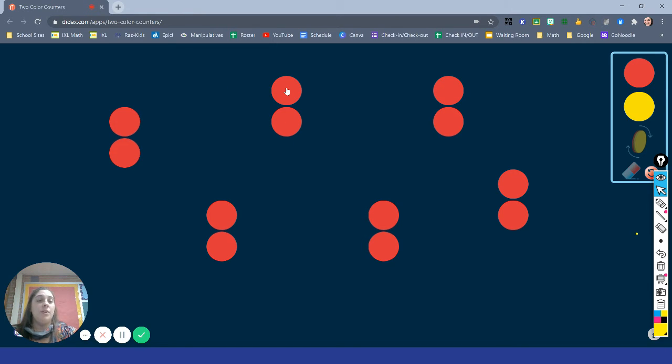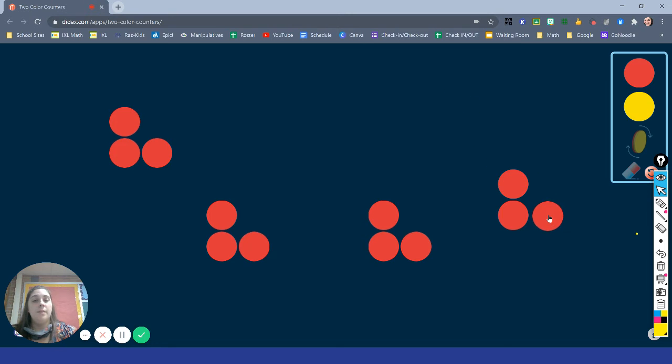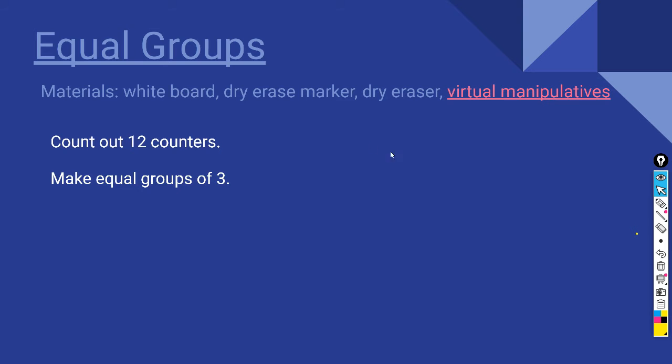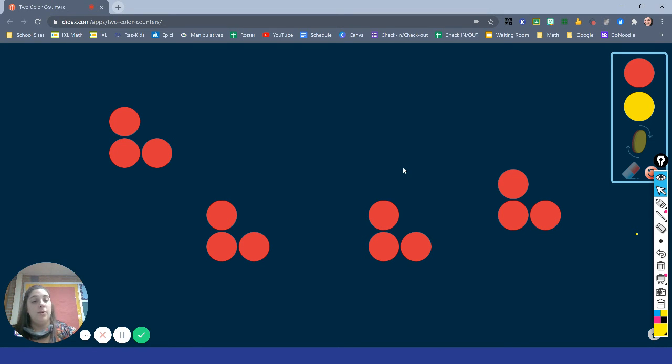So go ahead right now on yours and make equal groups of 3. Okay, so all I did was take the counters and make them into equal groups of 3. Each of my groups has 3 counters in it. How many groups are there? Well, let's go ahead and count them.